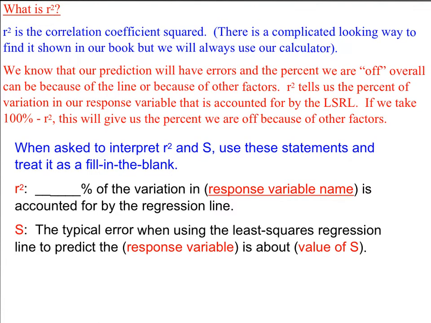S will tell us, if you think about this, the residuals are the points, like how far off they are. And S tells us how much variability there is. In context, S is going to tell us if we use our line to make a prediction, how far off we expect to be. Which is a really good thing to know.